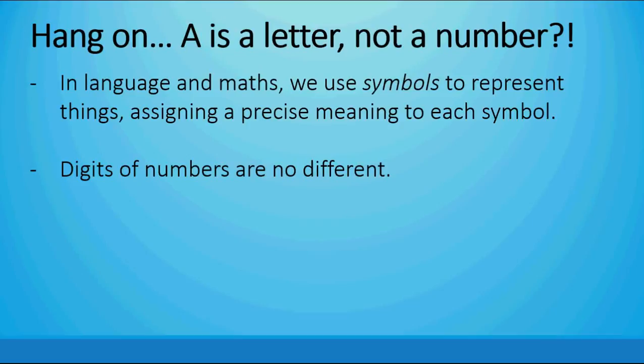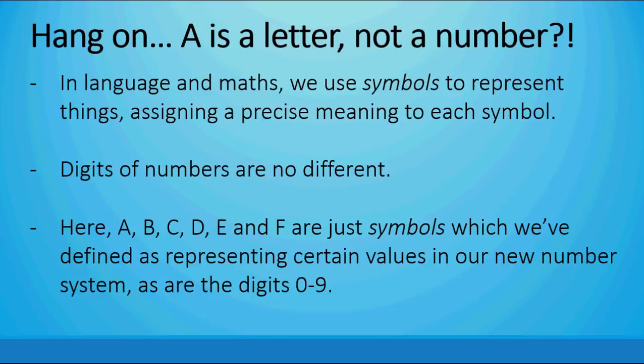And so there's no reason why A, B, C, D, E, and F in the context of hexadecimal numbers are just symbols. That's it. That's all they are. Don't think of them as letters. They're just symbols. And in hexadecimal, we define them as the 6 extra digits that we need to complete our system.